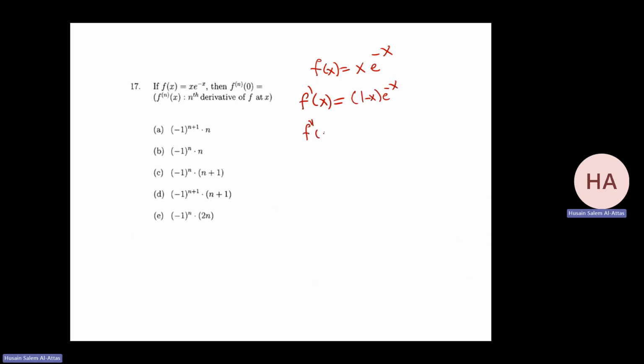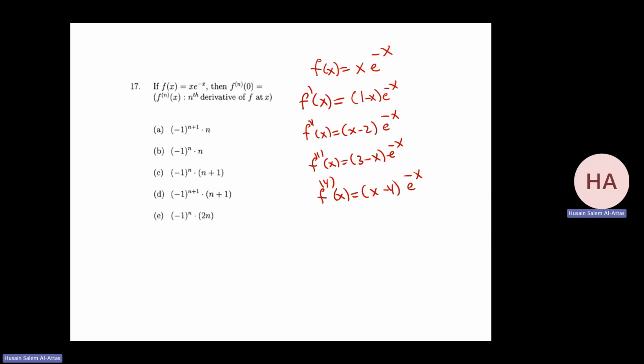The second is x minus 2. The third is 3 minus x. The fourth is x minus 4.